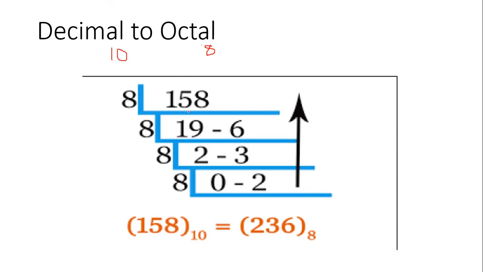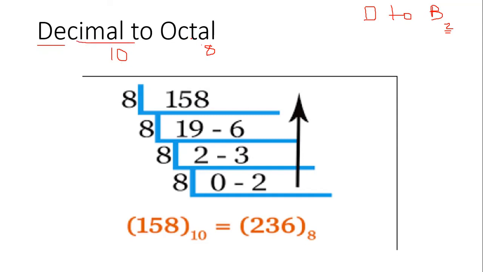When we were discussing decimal to binary, we divided by 2 because the base value of binary was 2. When doing decimal to octal, the given decimal number should be divided by 8, and you will get the answer. The logic is very simple. Decimal means base 10, octal is base 8.